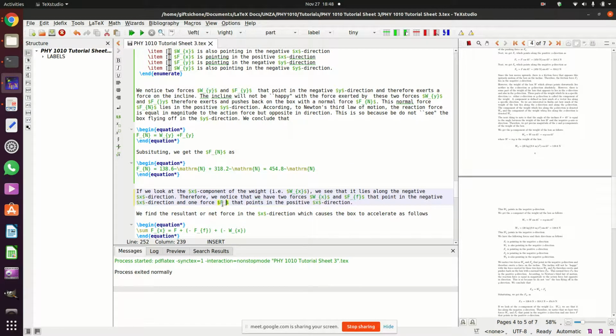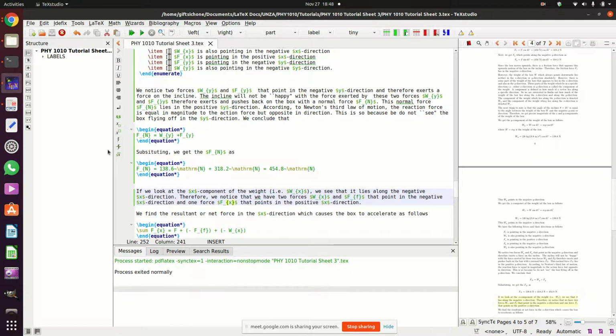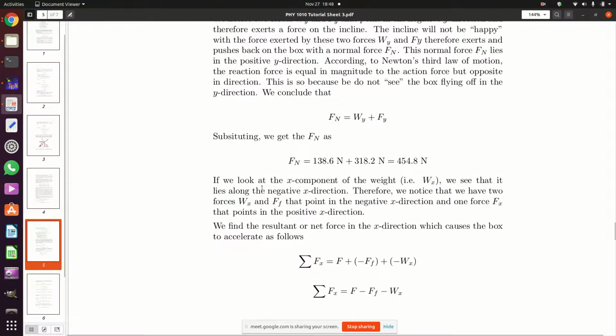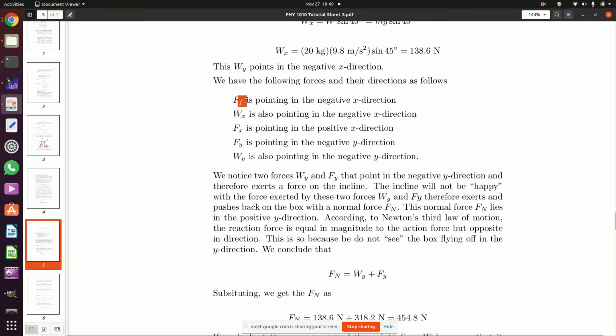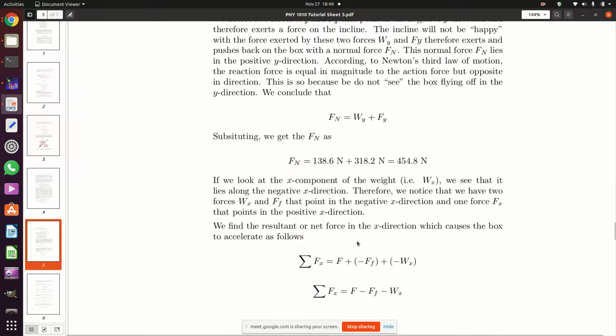Fx. So these two forces, Wx and Ff, point in the negative x direction. We have agreed on that here. This one is positive x direction. Therefore, we can get a resultant force in the x direction.